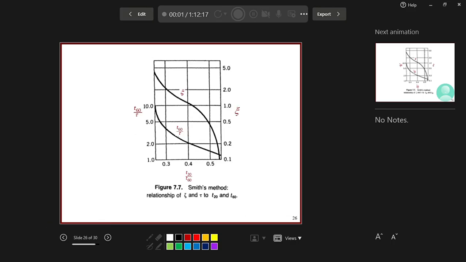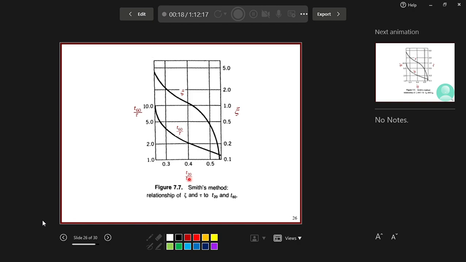This is figure 7.7 from your textbook, and you can see that the x-axis is the ratio of T20 to T60, which we have calculated from the graph. I will show you next how to calculate these two.